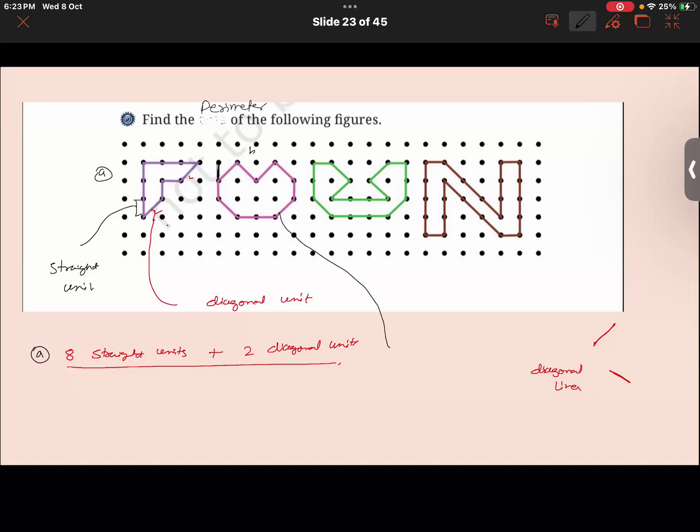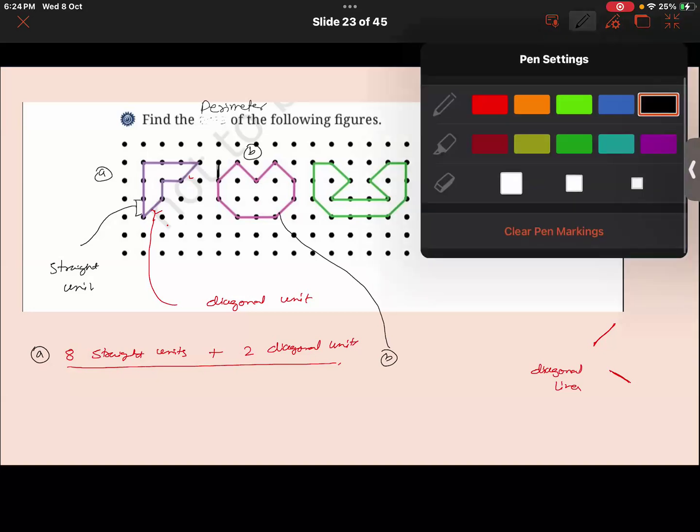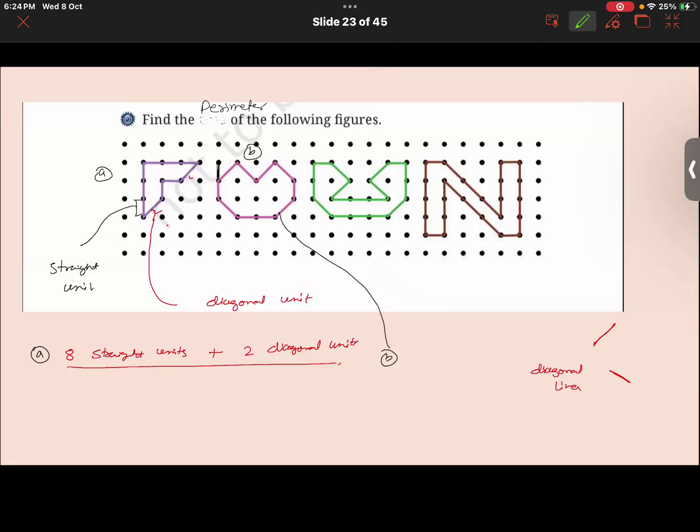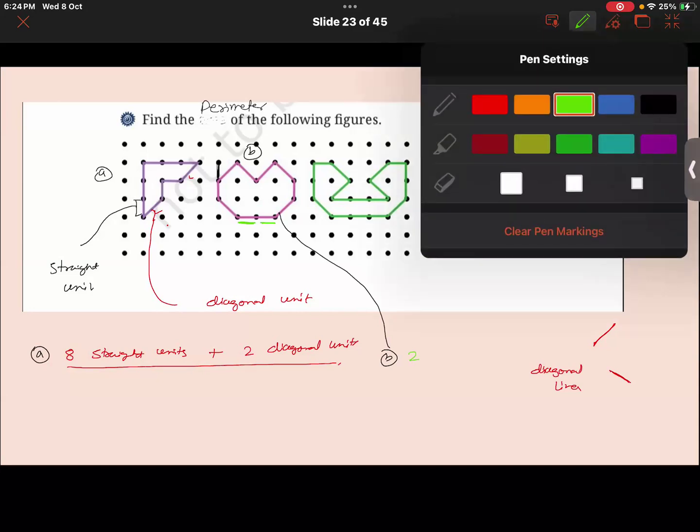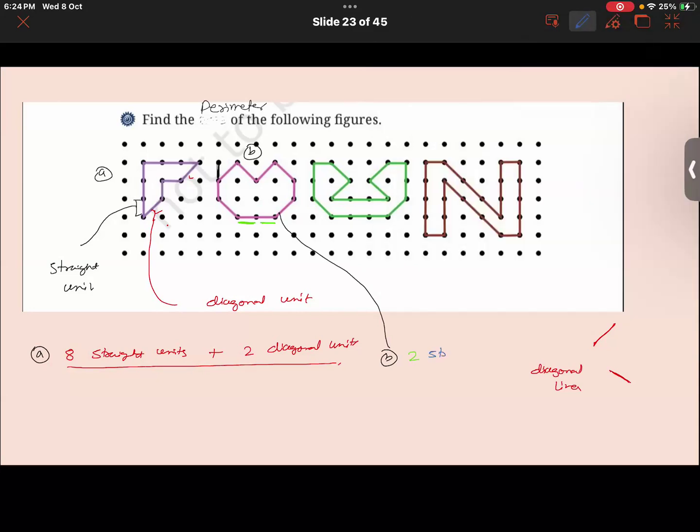Let's call this figure B. In figure B, how many straight lines do you see? One, two, only two, no? This one and this one. So there are two straight lines. Plus how many diagonal units are there?